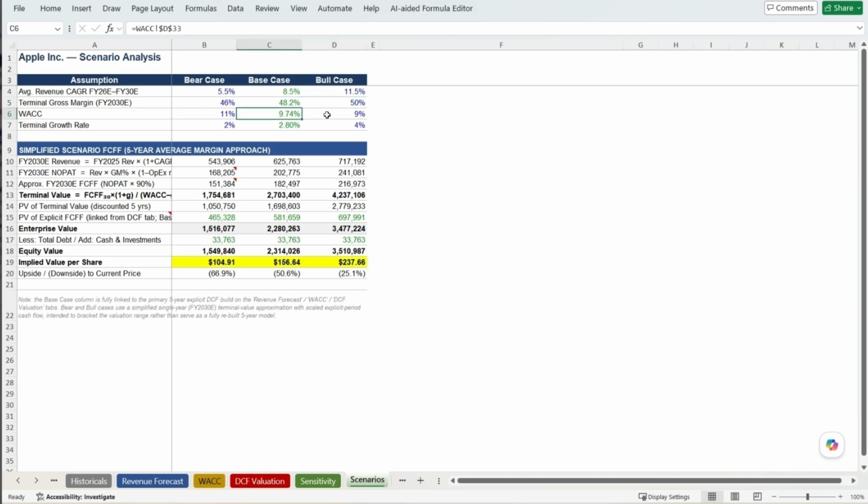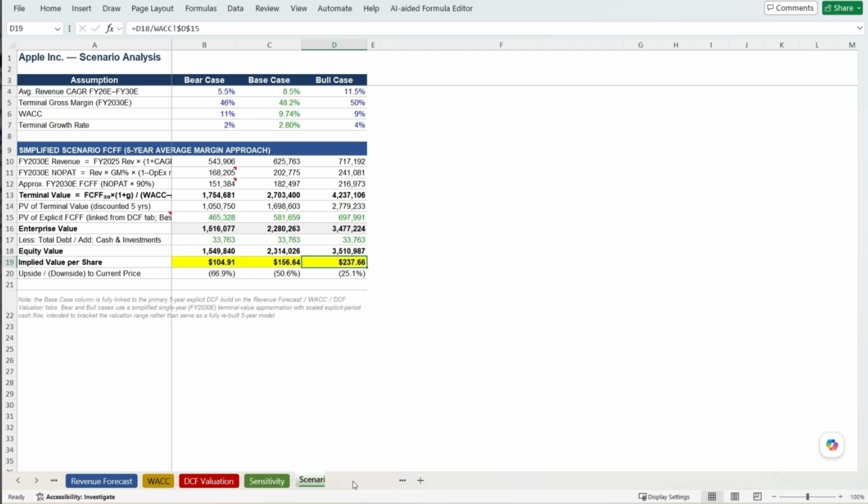WACC, so it has also taken WACC reduction for bull case and WACC increase for the bear case, and terminal growth rate between 2 to 4% depending on the scenario. And here we have the implied value per share by the scenarios. So $104 to $237 depending on the scenario.